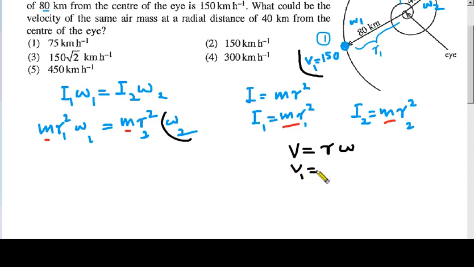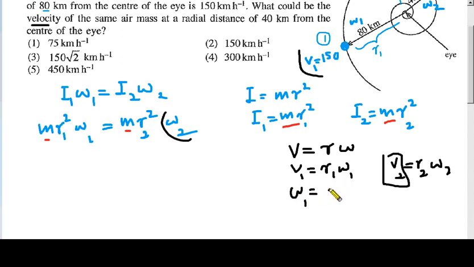So v1 equals r1 omega 1, v2 equals r2 omega 2, because what they want us to find is the velocity v2. What we have to find is v2, this one. Therefore we have to get the relationship with velocity. So instead of omega, we can substitute omega 1 equals v1 divided by r1.